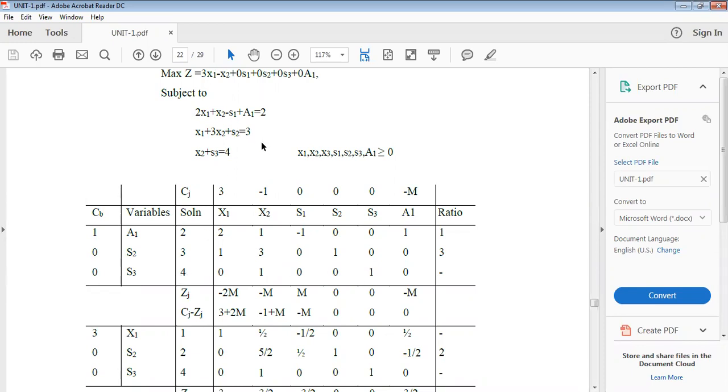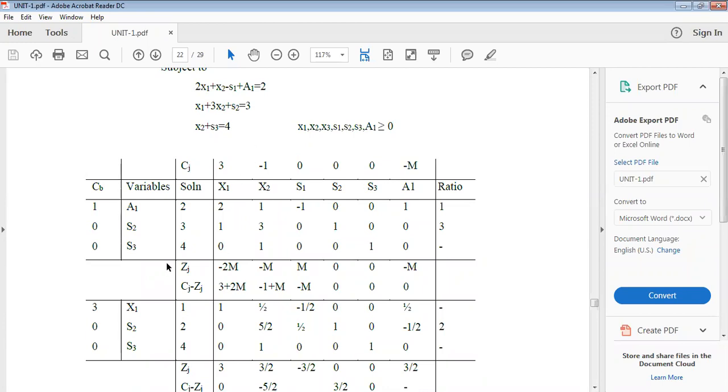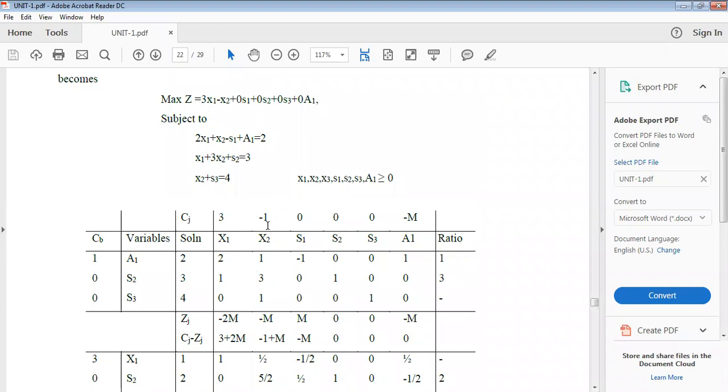And now we are calculating. As I told you, Cj minus Zj value you have to find out. For the artificial variables, you see 3 here, minus 1, 0, 0 and minus M. Whenever you find an artificial variable, you must indicate this minus M, because it is the Big M method. It is a maximum penalty value for the artificial variable.